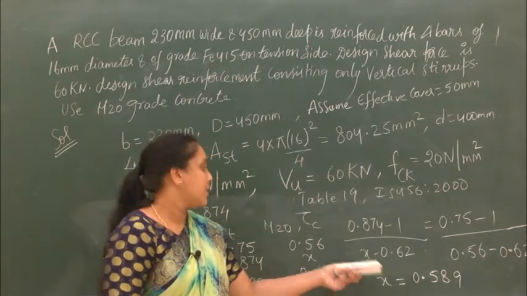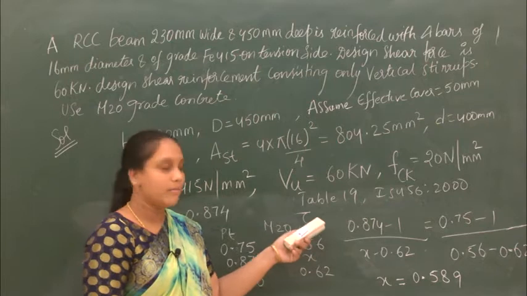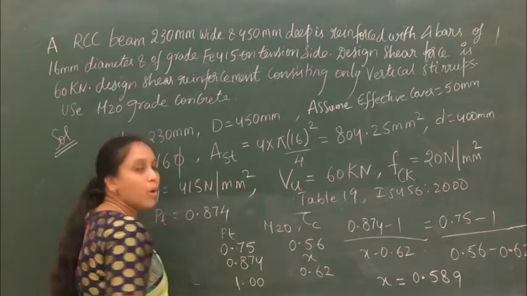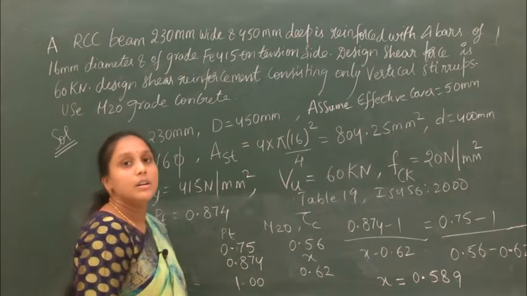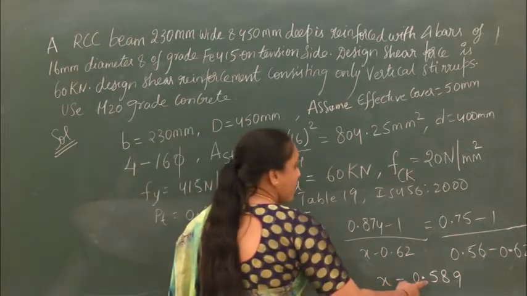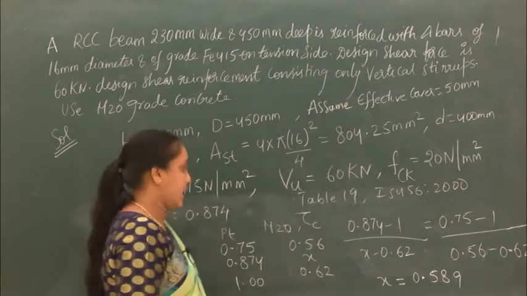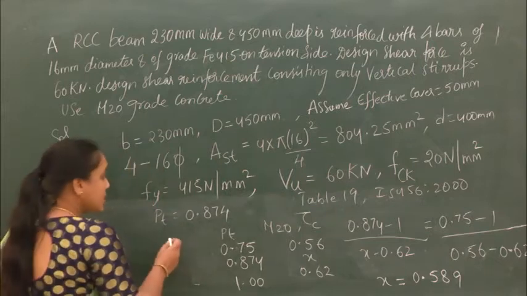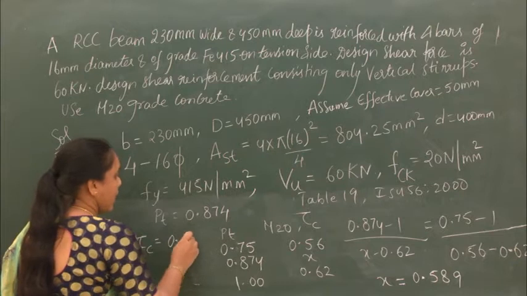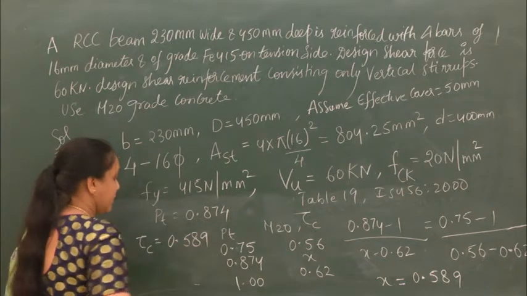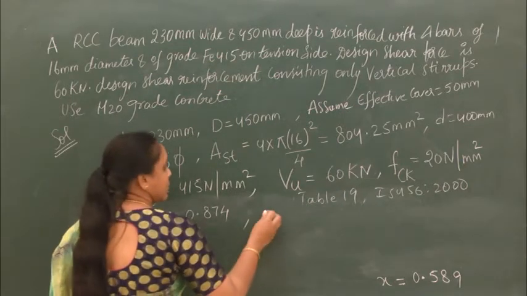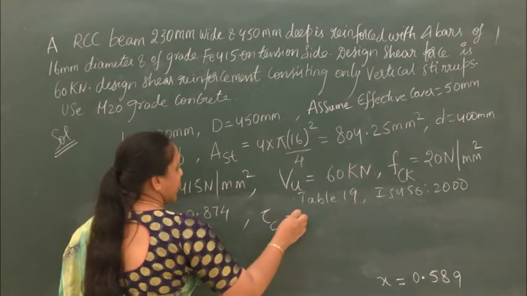So what is x here? X is nothing but the tau c value. Corresponding to this percentage of steel, that is 0.874, what is the tau c value? That is the shear strength of concrete. It is 0.589. So tau c is equal to 0.589 Newton per mm square.